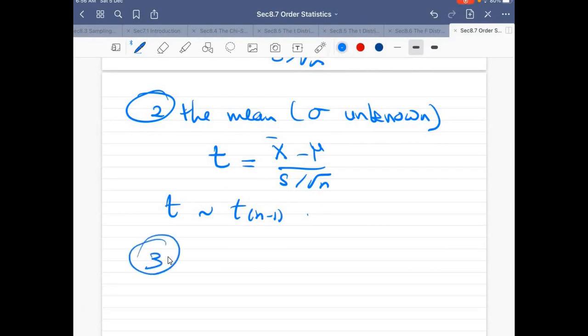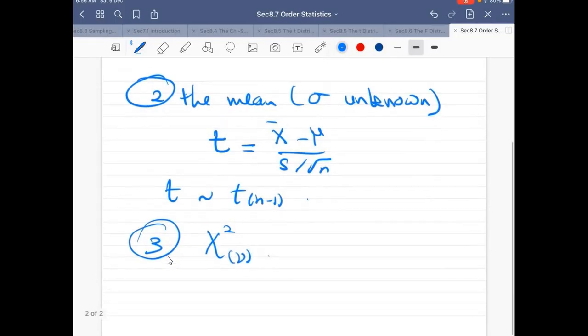After the t distribution, we define another distribution that is based on a normal population, the chi-squared distribution with nu degrees of freedom.